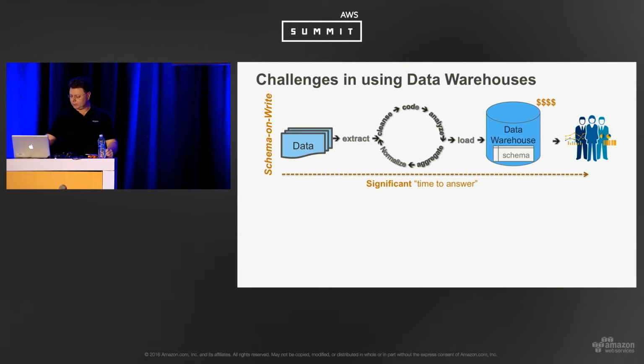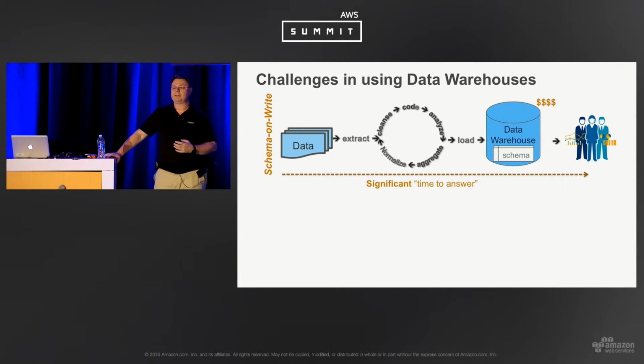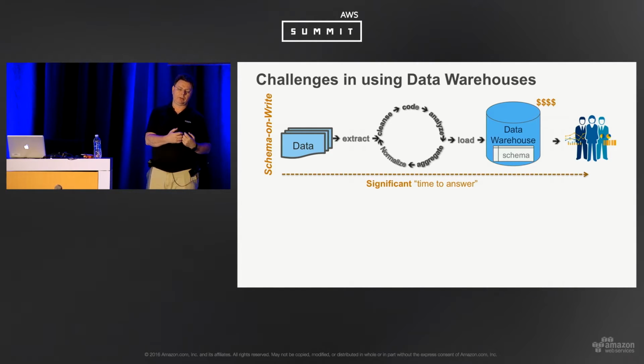But the implications of this model, though, are that you're using specialized, often proprietary data technology, the data warehouses. And because of all the effort involved in taking all the data and trying to extract it, transform it, and put it in a form that can fit into your universal schema, there's a significant time delay before people have access to that data to be able to query it.